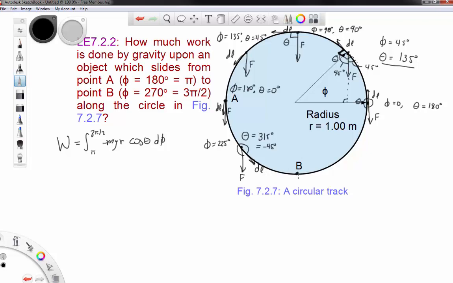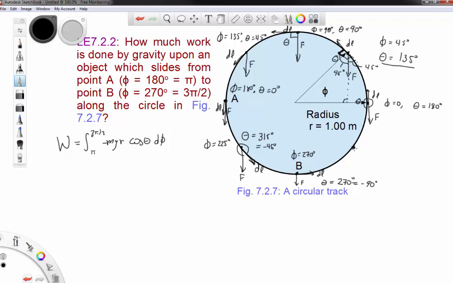At the bottom of the circle, we have F here. We have DL here. So this is phi equals 270 degrees, and theta is also equal to 270 degrees. But that 270 degrees can also be written as minus 90 degrees. In other words, we've got 90 degrees this way.